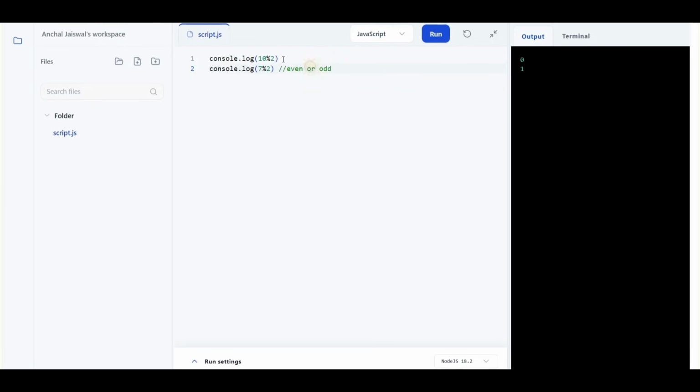So 10 modulo 2 gives us 0, which tells us that 10 is even, and 7 modulo 2 gives us 1, which tells us that 7 is odd. That's why you will often see modulo 2 when working with even and odd numbers.